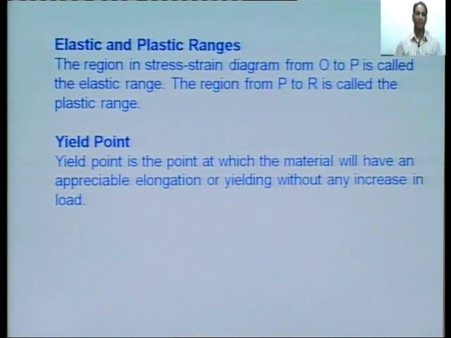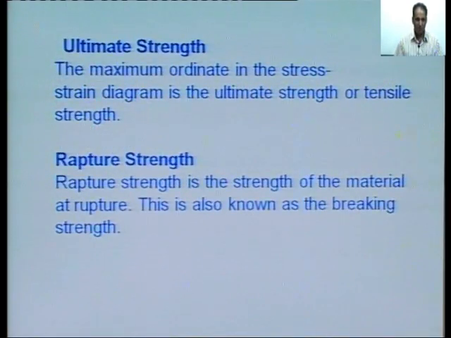And then I define the yield point. On the curve, the yield point is the point at which the material will have an appreciable elongation or yielding without any increase in load. At this point we call it the yield stress. And then the ultimate stress, the ultimate strength.